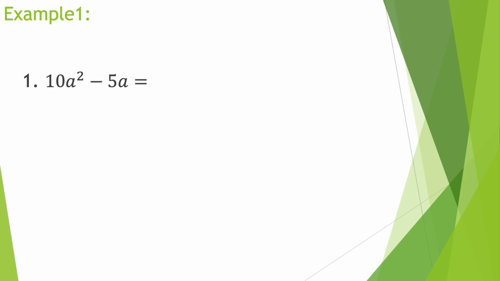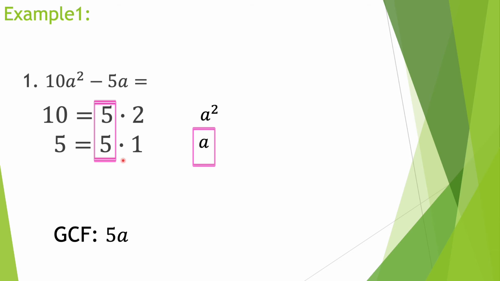Suppose we have 10a squared minus 5a. So, kunin lang natin yung factors nila. Numerical factor natin is, ng 10 is 5 times 2. Yung 5 natin, that is 5 times 1. So, ang GCF natin dyan is 5. Then, dito sa ating variable with the exponent a squared and a, ang ating GCF ngayon is a. So, pag pinagsama natin sila, that is 5a. So, yun yung isusulat natin dito.